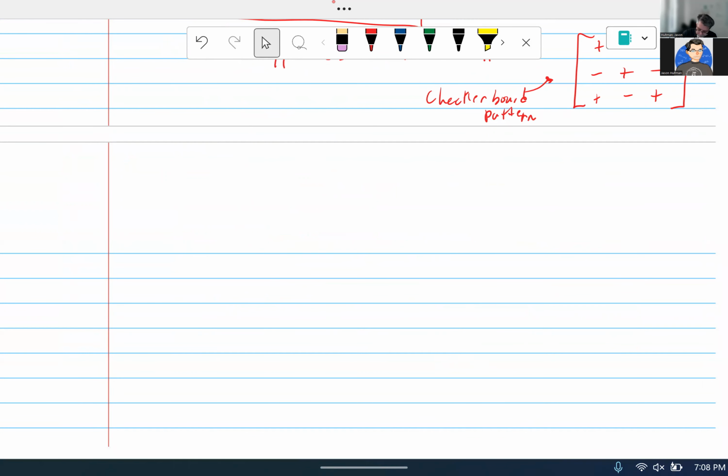Okay, if n is greater than or equal to 3, we define the determinant as follows.